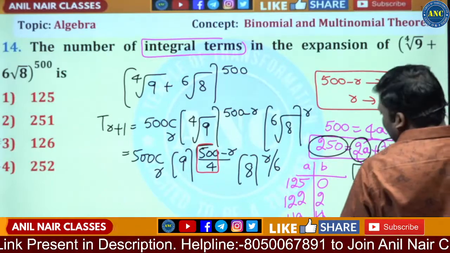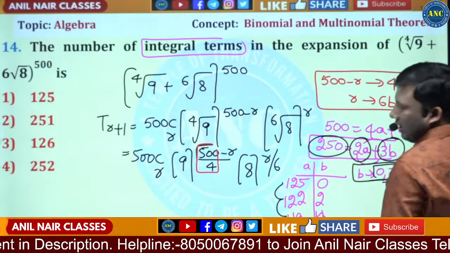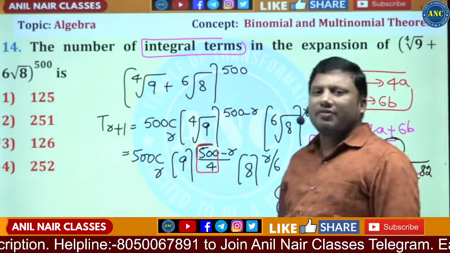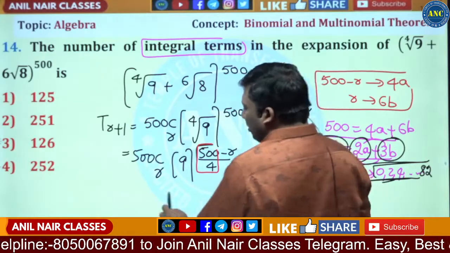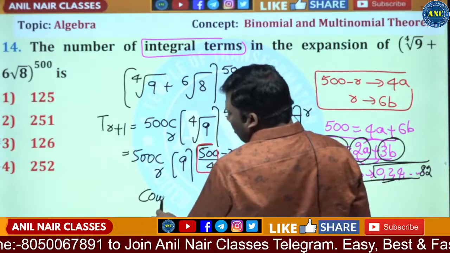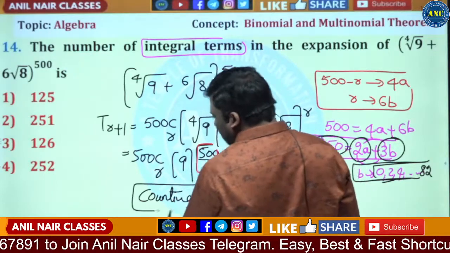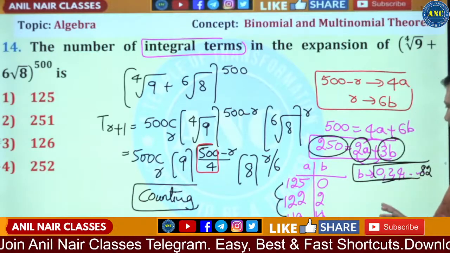So a can take 125, 122, 119 and so on. Whatever the count of values you get, that itself is the answer. A little bit of counting is required, but I am sure you understood the logic and you will be able to crack this question very easily. I hope the idea is clear.